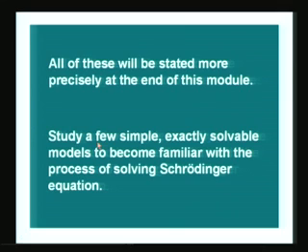We will try to follow this by four simple model problems. Okay. We will study a few simple model problems. The problems can be solved mathematically exactly, so that you will get analytic forms for the wave functions and so on, and then we will become familiar with the process of how to solve the Schrodinger equation for various systems.